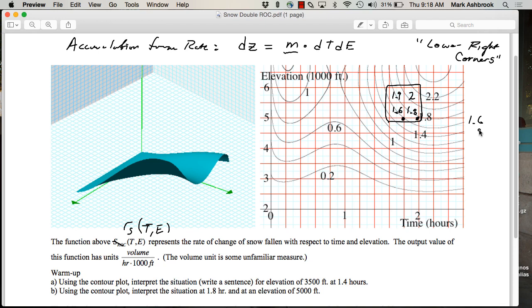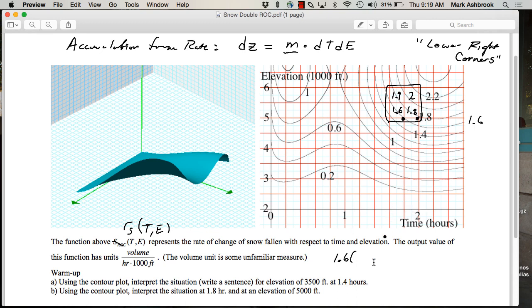And now we want to estimate the amount of snow. So we're going to do constant rate times dt dE, constant rate times dt dE, etc. So we're going to do 1.6. What's dt? Change in time. 0.4 was the whole thing, right?